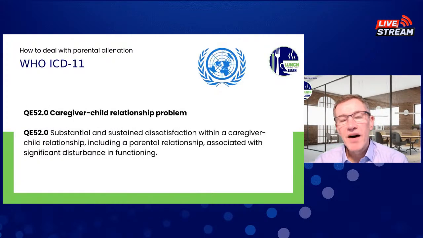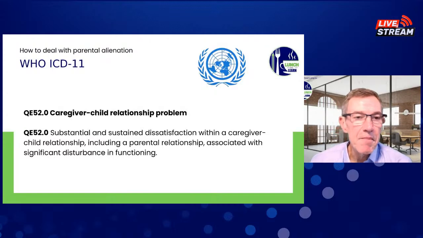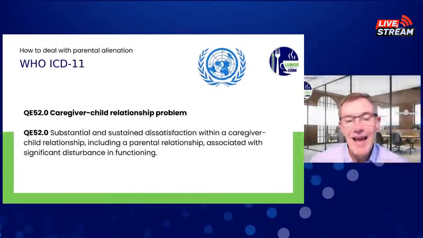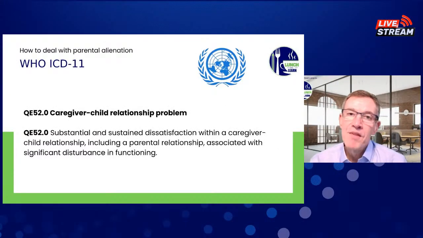The only reference that I could find was in QE520, dealing with the caregiver-child relationship problem, where it says there is a substantial and substantiated dissatisfaction within a caregiver-child relationship, including a parental relationship, associated with significant disturbances in functioning. At a long stretch, one could say that might also include the term parental alienation, but not as much parental alienation syndrome.